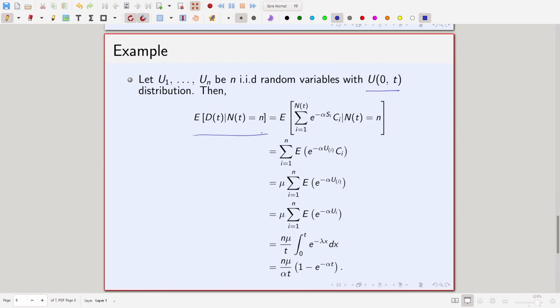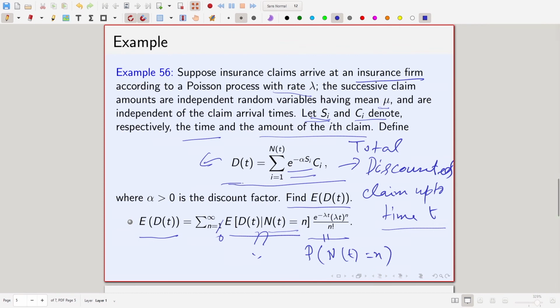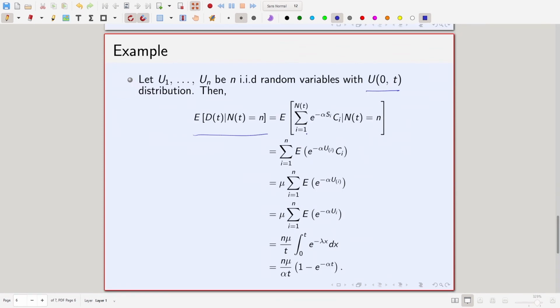Now we want to find the conditional expectation of Dt given the event that Nt is equal to n, or given that there have been n arrivals, n events, up to time t. Now recall the expression for Dt, which we have just written down here.